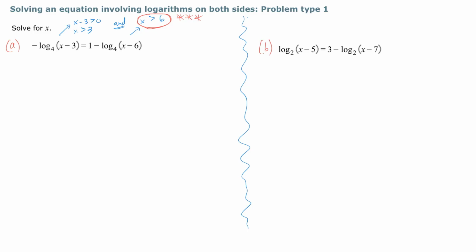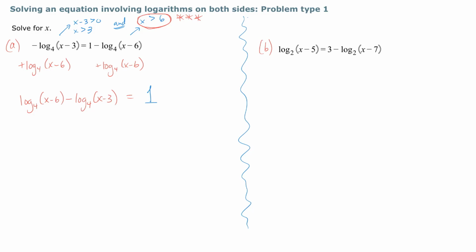Let's add the log base 4 of x minus 6 to both sides of the equation. And if you do that, you should get log base 4 of the quantity x minus 6 minus log base 4 of the quantity x minus 3 is now equal to 1.